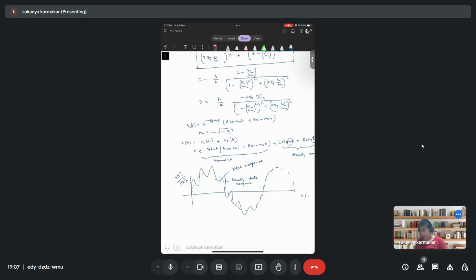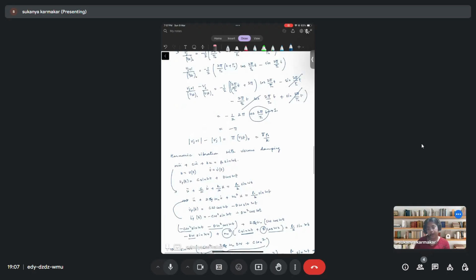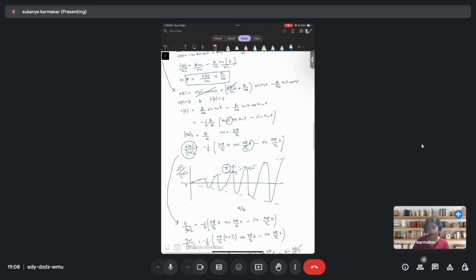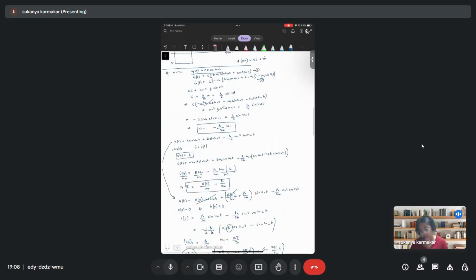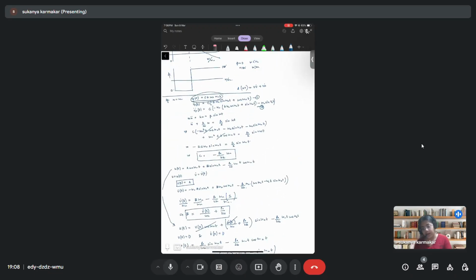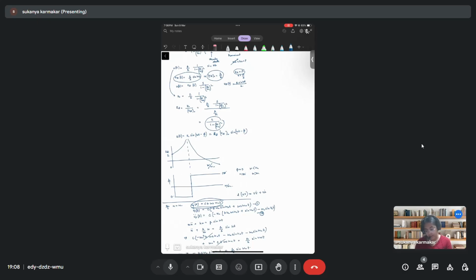Now let's see what happens at resonance, because in the undamped case we found that at resonance we had to calculate a different particular solution. Why did we do it?